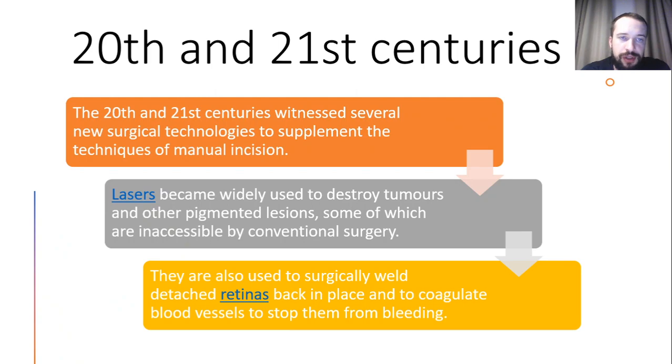The 20th and 21st centuries witnessed several new surgical technologies to supplement the techniques of manual incision. Lasers became widely used to destroy tumors and other pigment lesions, some of which are inaccessible by conventional surgery. They are also used to surgically weld detached retinas back in place and to coagulate blood vessels, stopping them from bleeding.